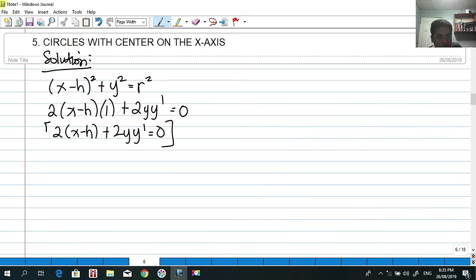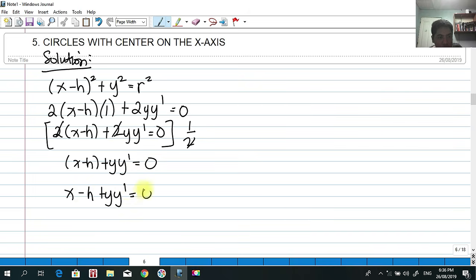Then we multiply both sides of the equation by 1/2 so that the 2's cancel. So we have (x - h) plus y y prime equals 0. Isolating again the arbitrary constant, we have x plus y y prime equals h.